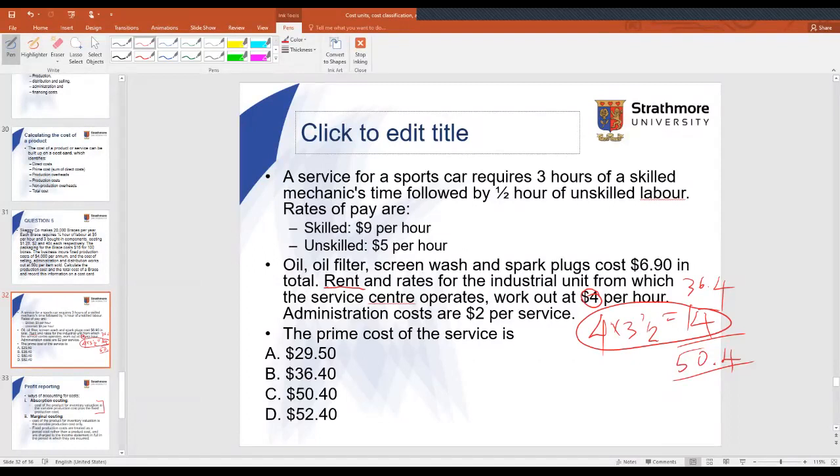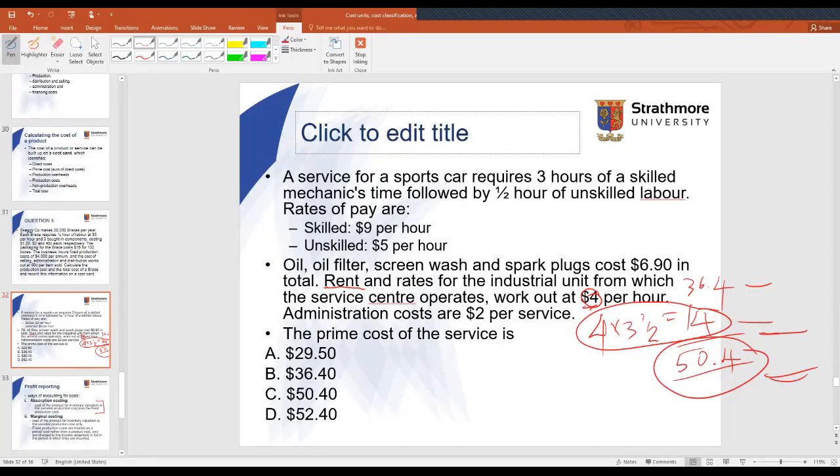When we include the prime cost plus the production overhead, we get a product cost of 50.4. This fixed cost of $4 has been absorbed into the product cost to give a total cost of 50.4, if you're using the absorption costing method.